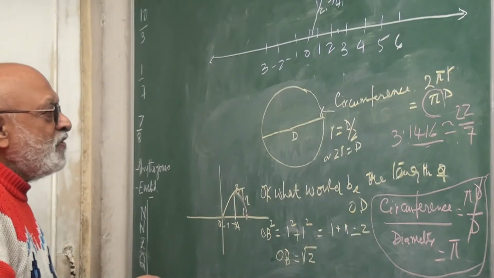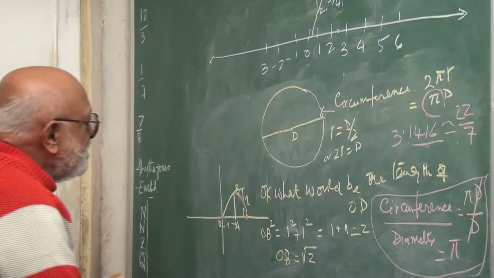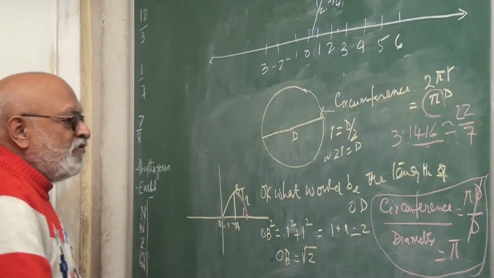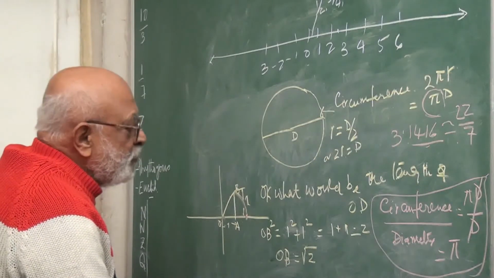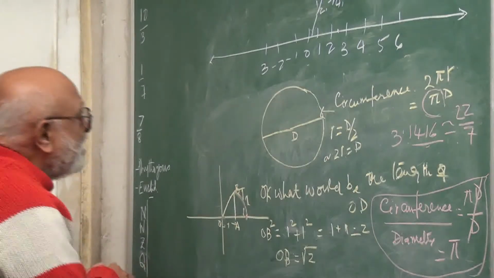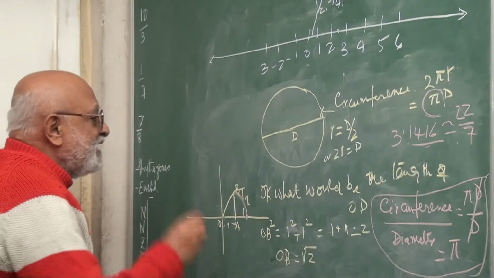Now these irrational numbers, I will again go through it. I am repeating it again and again so that the whole concept gets into you. And here I will write it slowly and easily for you to understand.